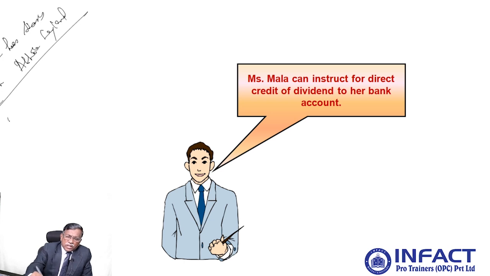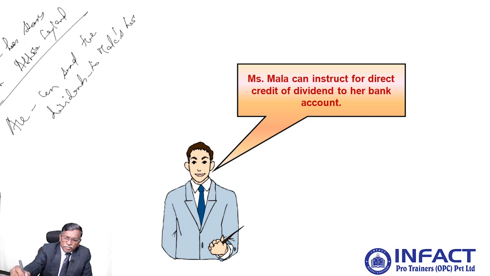Ashok Leyland can send the dividends to Mala's house. That is one way of doing it.